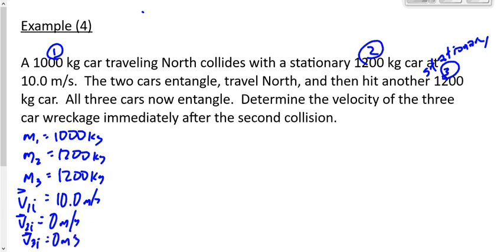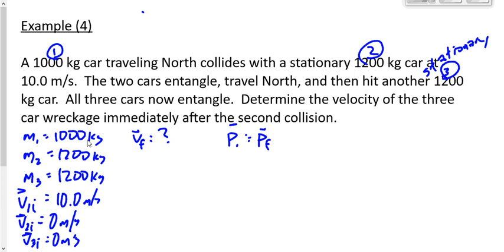Now remember, we're looking at initial and final, right? Not in the middle when the middle collision is going on, but at the very, very end. Oh, look, they stick together. We're just looking for VF, right? All three of them together. Let's say PI is equal to PF. Again, you could do impulse for this, pick a car. It'd be tougher because there's two collisions taking place, but you could do it.